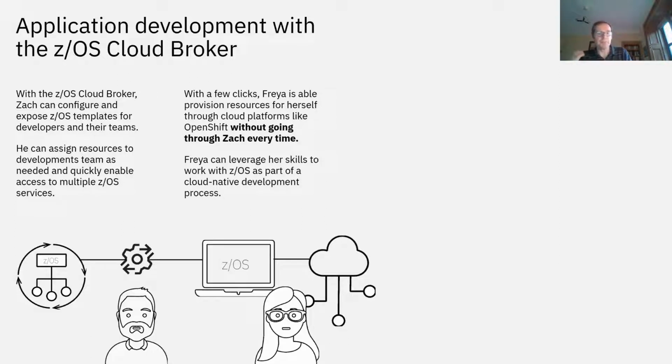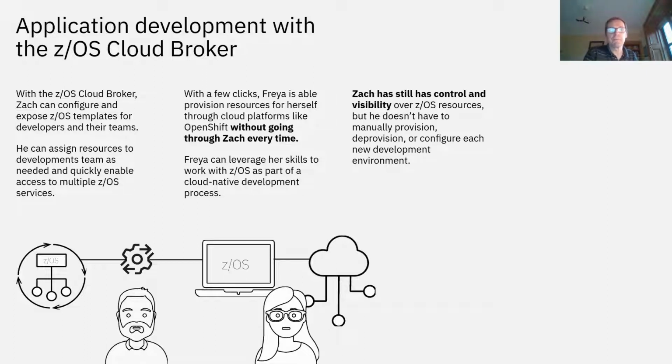So Freya's delighted with this. This is what she's used to. She's used to containerized, self-service deployments of databases and middleware, and now she can do the same thing for her z/OS applications. Zach, in the meantime, still maintains control and visibility over those environments. He owns the templates.